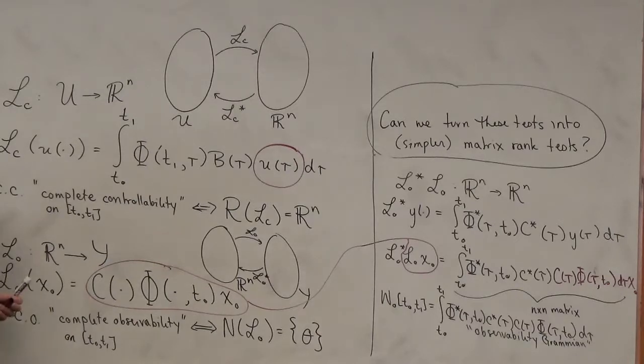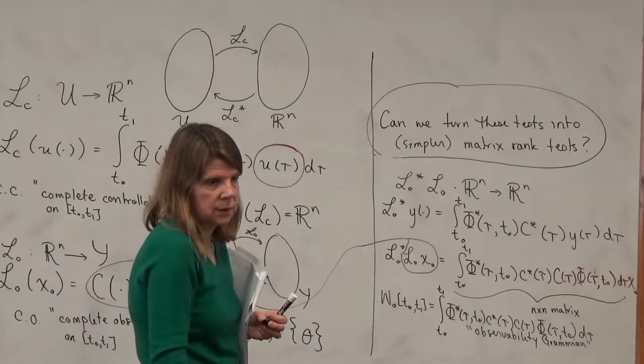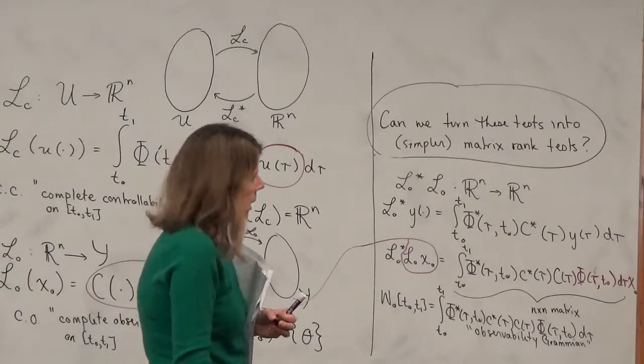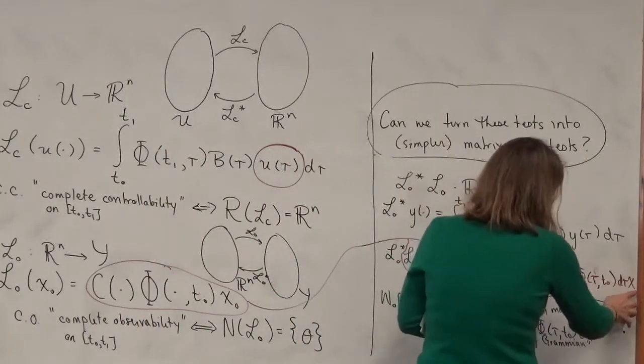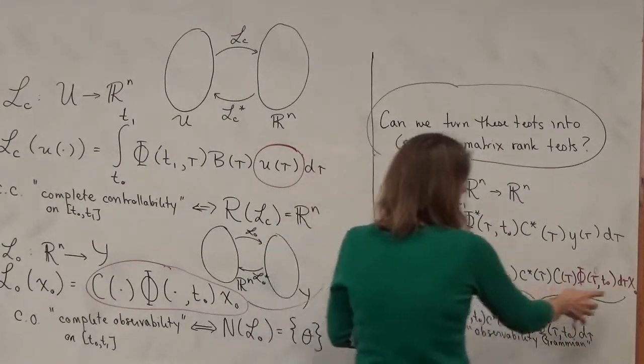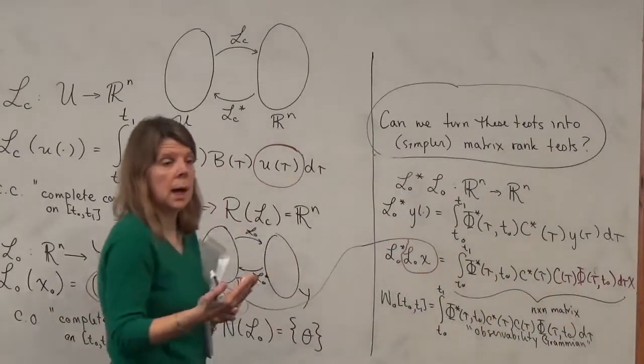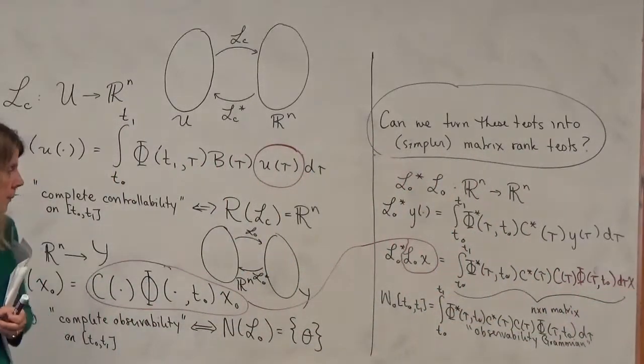In the controllability Grammian, I was just choosing a vector x in my Rn. Let's remove the x0 here and just call it x, the same as the previous, because we should think of this just as a map from Rn to Rn.